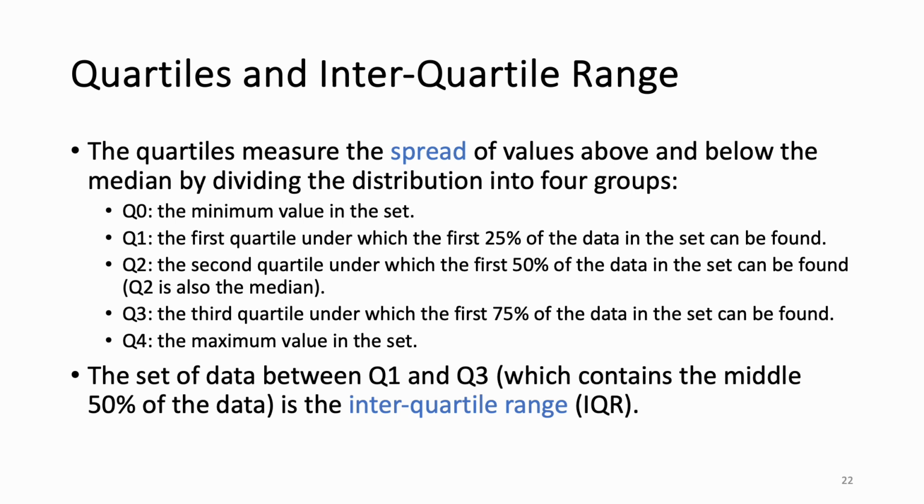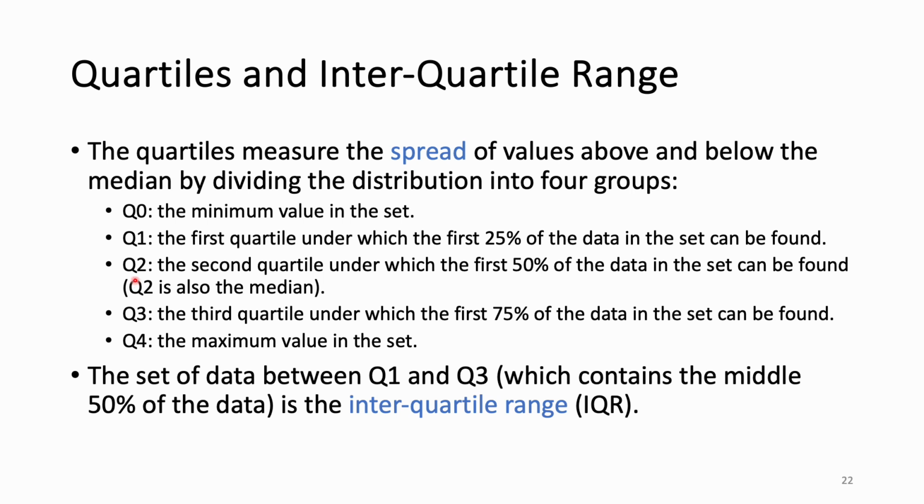So we have different quartiles, Qs, as you can see here. Q0 represents the minimum value in the data set. For example, imagine that you have a data set consisting of numbers from 1 to 10. Then the minimum value here will be 1. Then we have the first quartile, Q1, which represents the first 25% of the data.